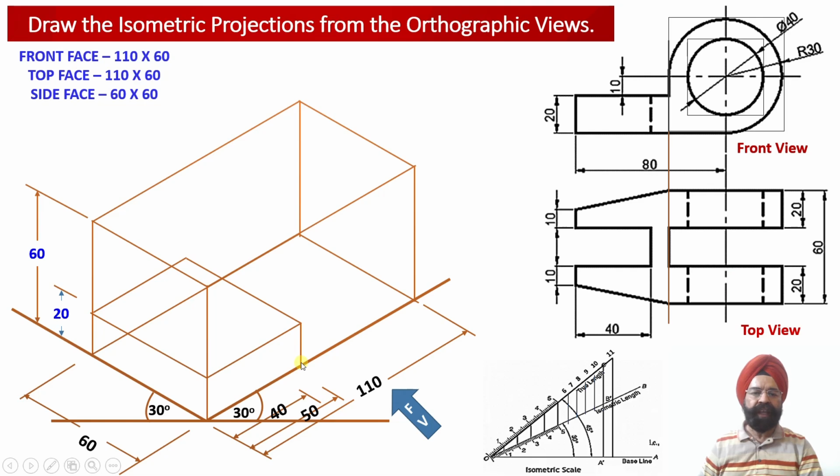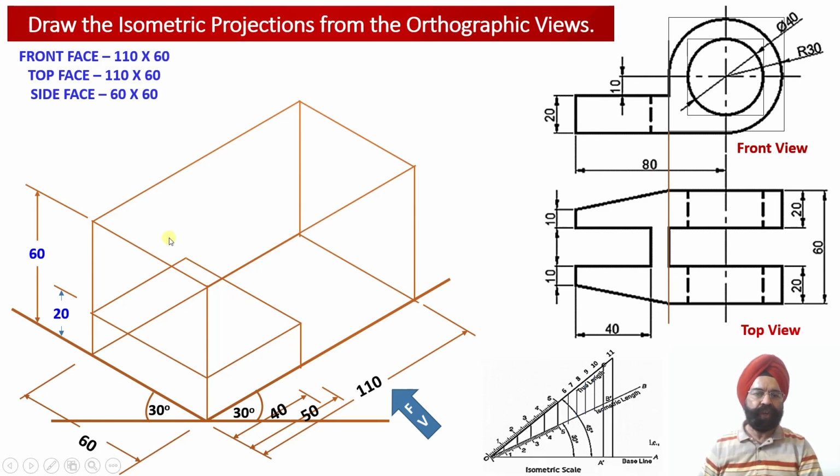Now we have to draw a vertical isometric projection line corresponding to this cross section of the horizontal web. So now we have drawn a vertical projector line which is parallel to the y-axis, having height equal to 20 millimeter, and then from this point we have to draw another isometric projection line having width equal to 60 millimeter, which is going to depict this width of 60 millimeter in the orthographic projection view.